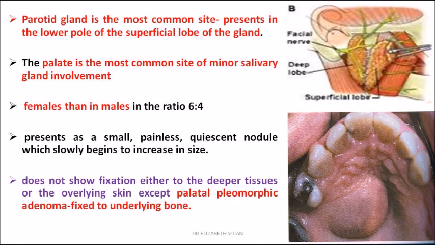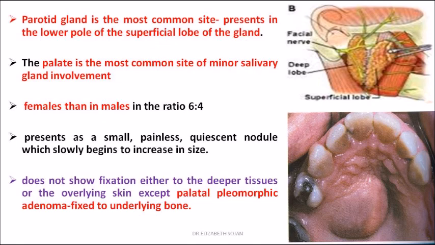So what is the significance of palatal pleomorphic adenoma? It will always be fixed to the underlying bone, so it will not be easily palpable. Whereas extraoral pleomorphic adenoma, occurring in the parotid gland, will be easily palpable because it is not fixed to the underlying tissues.